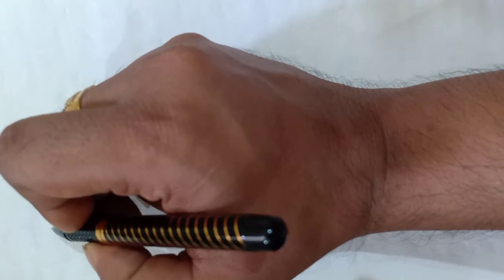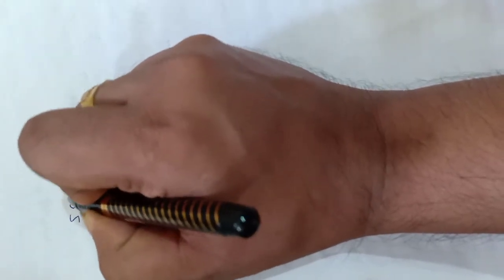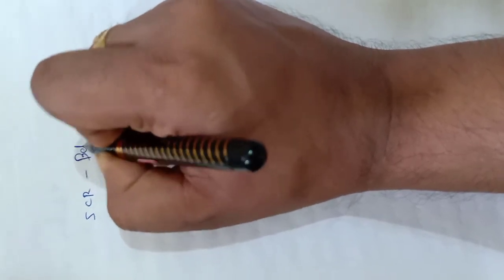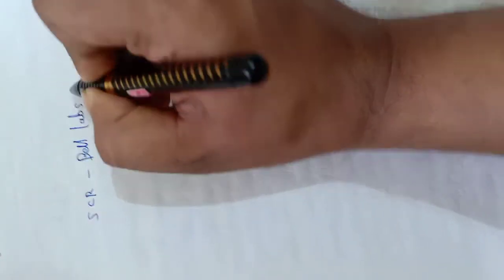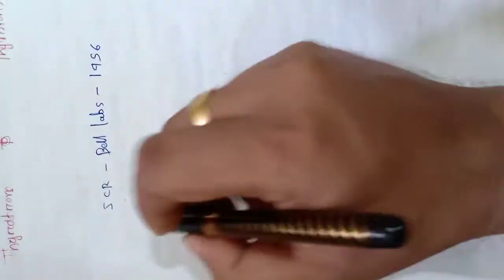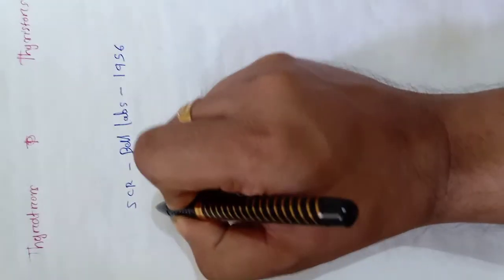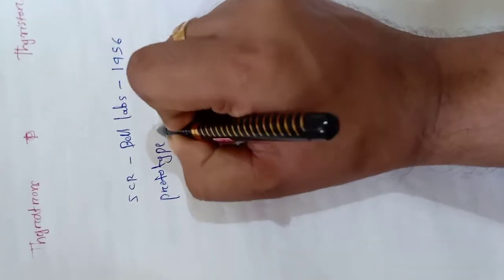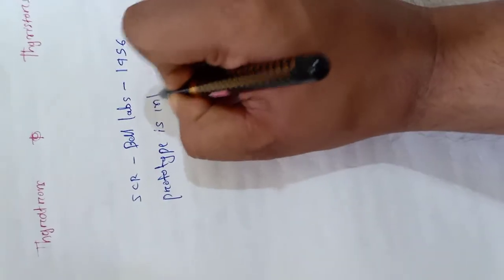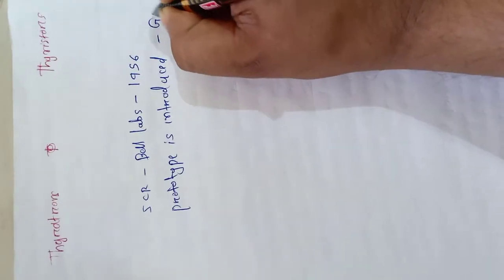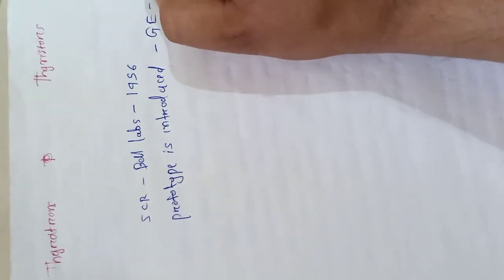So the silicon controlled rectifier SCR was invented in Bell Labs in 1956, and its prototype was introduced by GE in 1957.